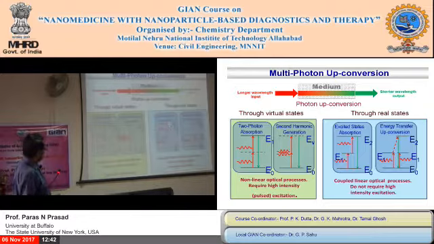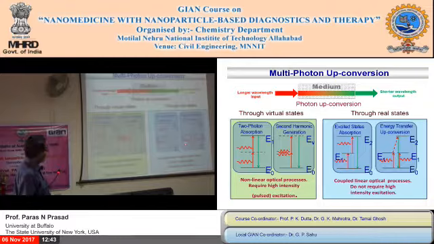And there are two processes. This is what you call excited state absorption. But in rare earth ions, another process also occurs, called energy transfer upconversion. So two ions together each absorb a photon, but if they are at a close neighboring distance, one ion gives up its energy to excite the other ion to an upper level and returns to a lower level.